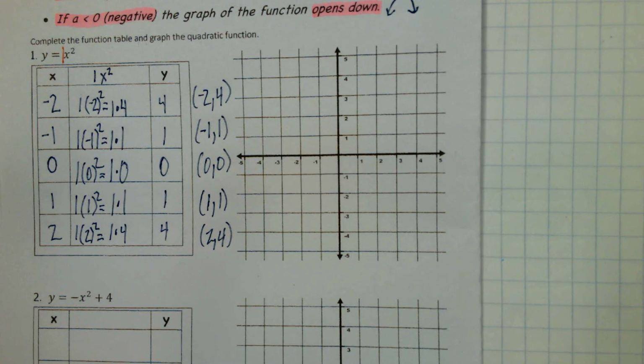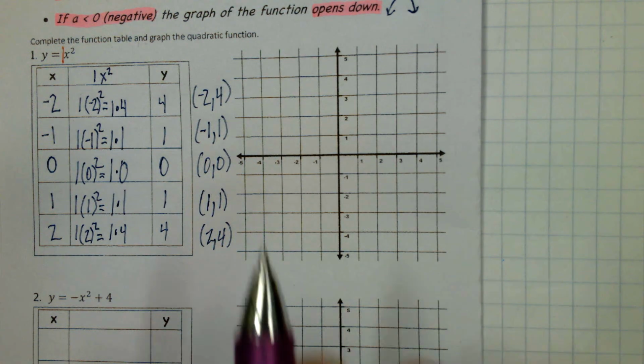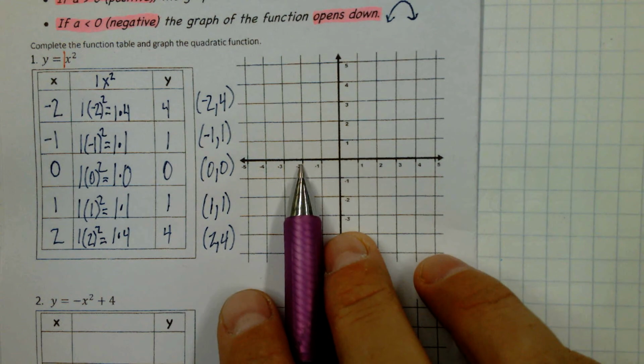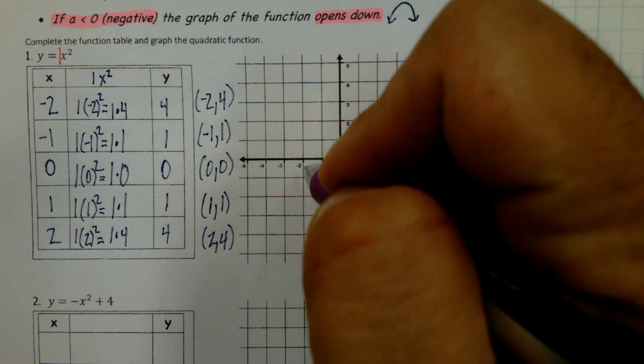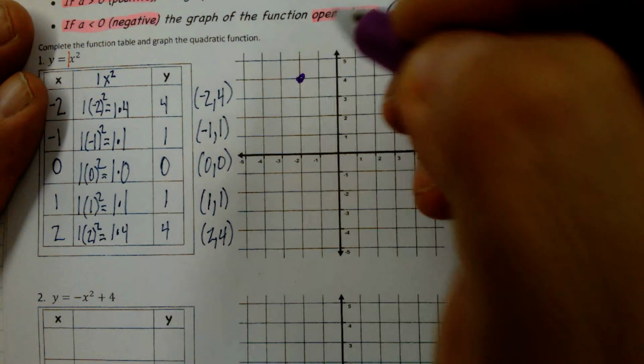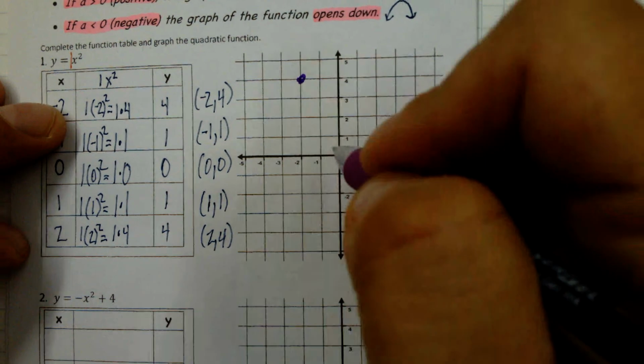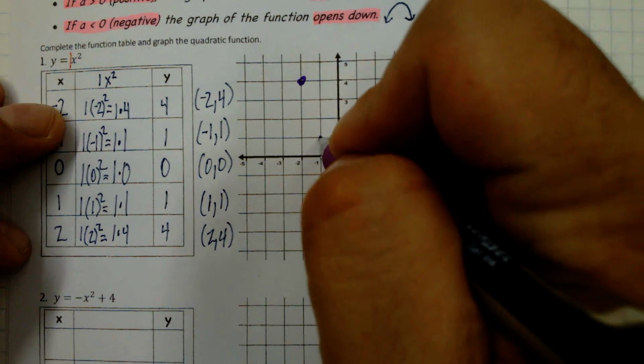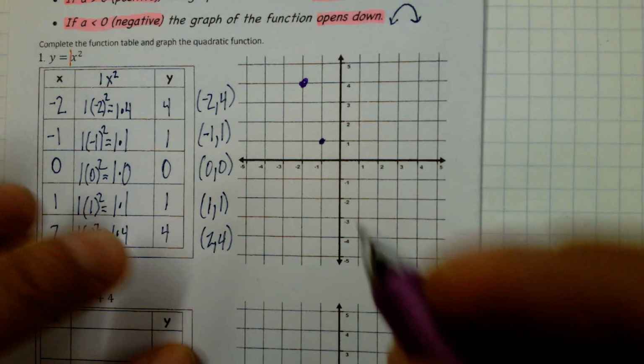So let's plot some points. Try this one. My purple was kind of messing up. So we want negative 2, 4. So we're going to go negative 2 over 4 up. Then negative 1, 1. Negative 1, 1 right there. And 0, 0.